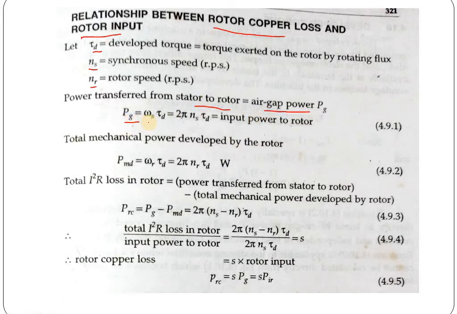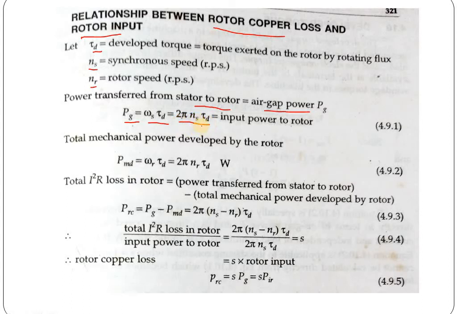The expression for power can be expressed as angular velocity omega into the developed torque tau d. So the power at air gap is PG equals omega s into tau d, where omega s is 2 pi ns.